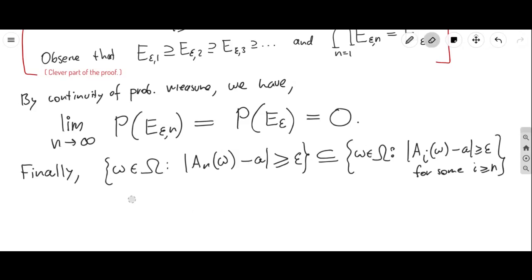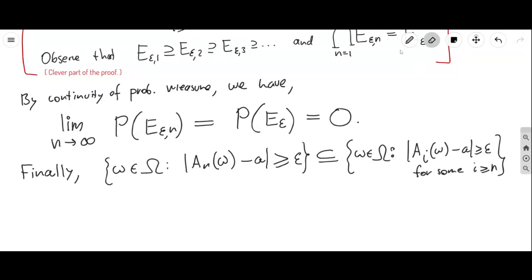So, of course, this is a subset of that, because if this inequality is satisfied at n, well, you can then pick for this integer i, you can then pick i to be n itself.